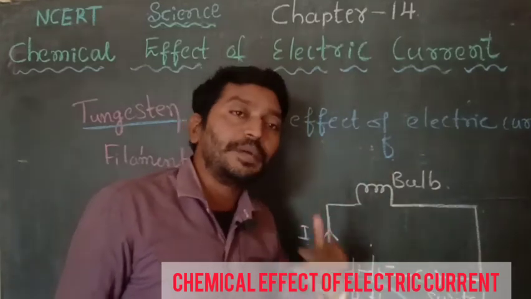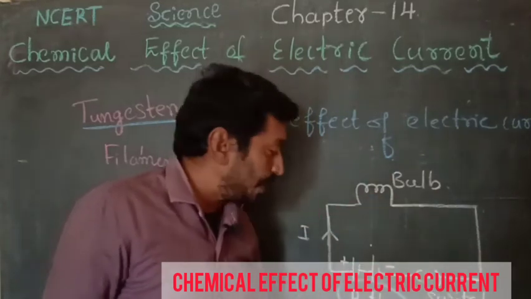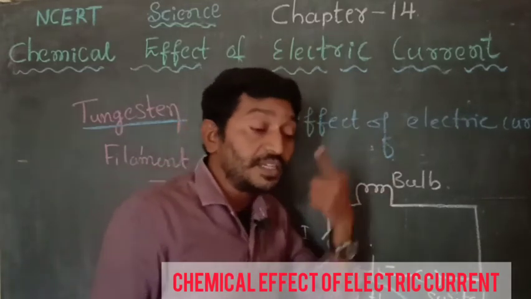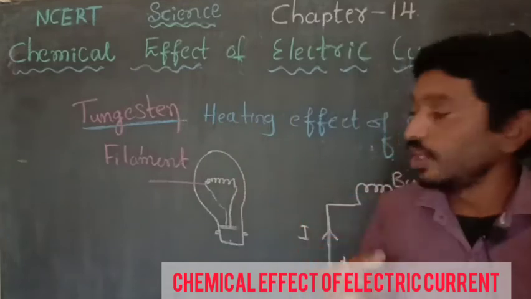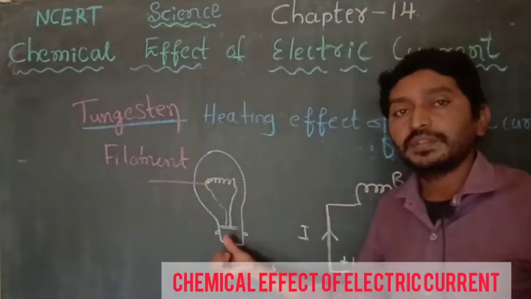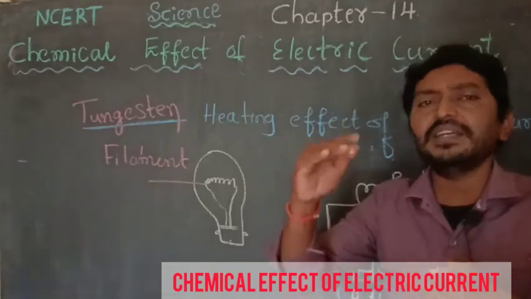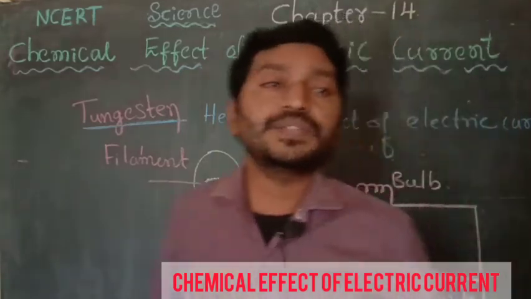Many electronic appliances work by this energy, but the remaining part of the energy is used to heat the appliances, to raise the temperature of the appliances.